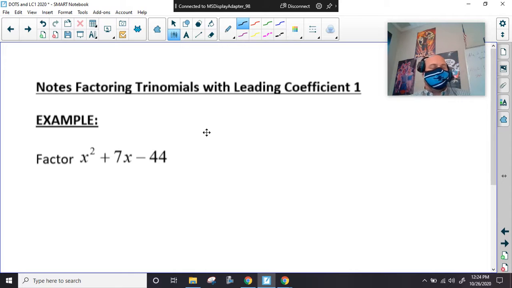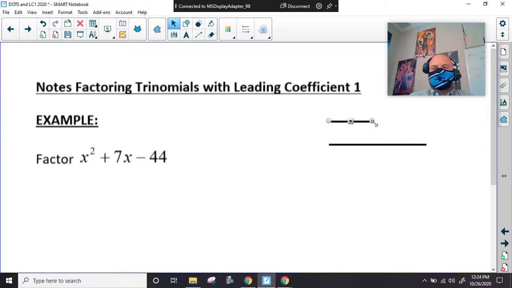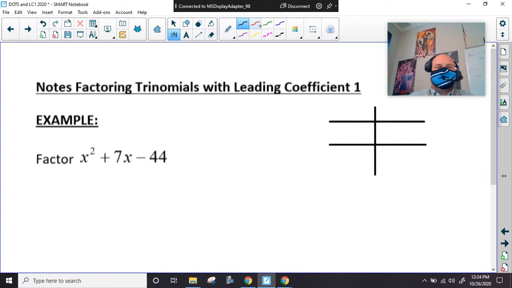all right. Factoring trinomials with the leading coefficient of 1. Now, last week, after the test, I gave you these pre-factor sheets. And it had something kind of like this, where it said, let's see if I can draw this very well. All right, it said like, product and sum, okay?